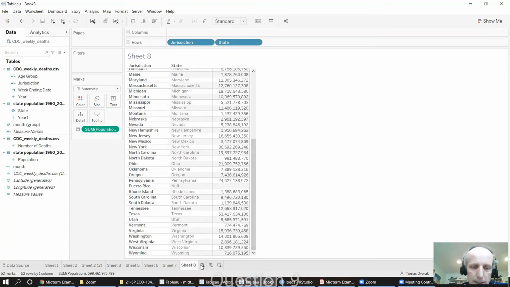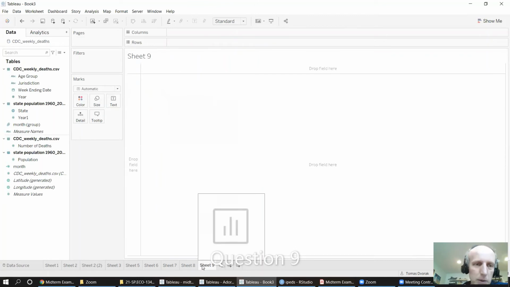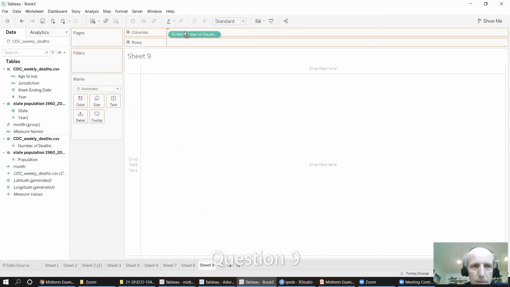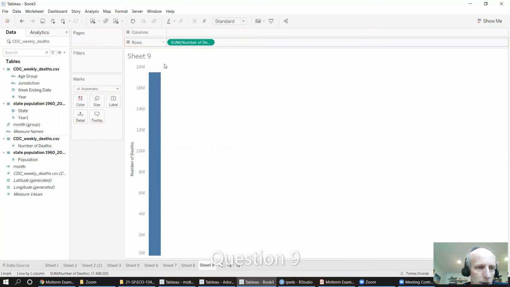Okay, fantastic. So next, in question 9, we're supposed to create a scatter plot to see how the number of deaths is related to state population.